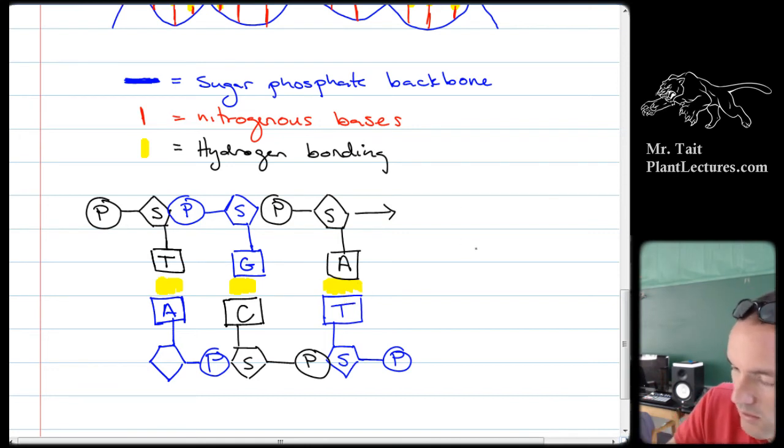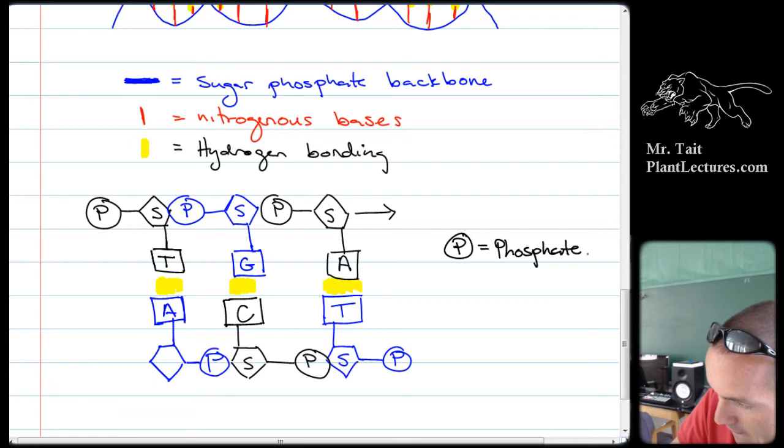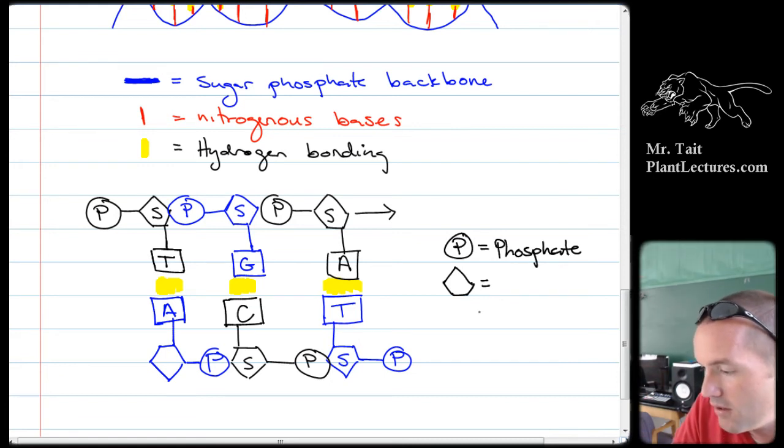Okay, so just so when we come back we're not confused, these are the phosphate groups. These are the sugars. Anybody want to guess which sugar this is that we've drawn? It's a pentose, yeah, but which one? Is it deoxyribose or ribose? It's deoxyribose.